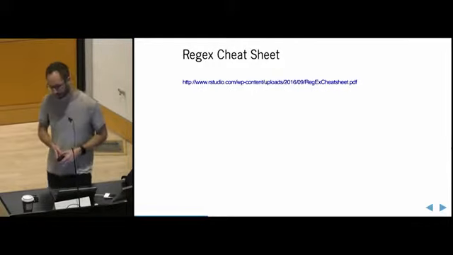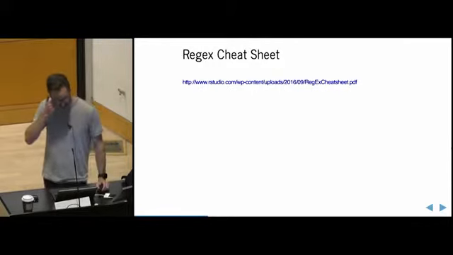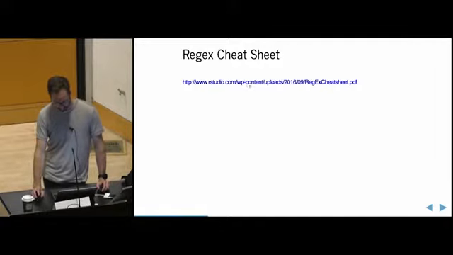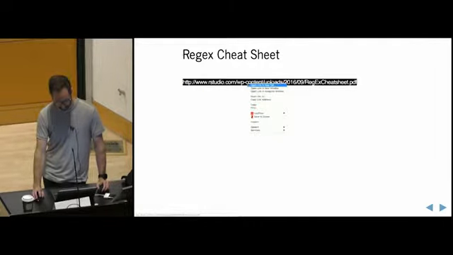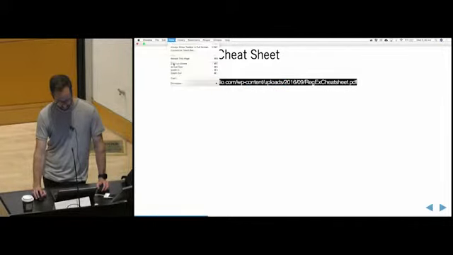This is a very helpful cheat sheet that the RStudio team has put together for regex. These will allow you to browse a lot of different types of regular expressions.